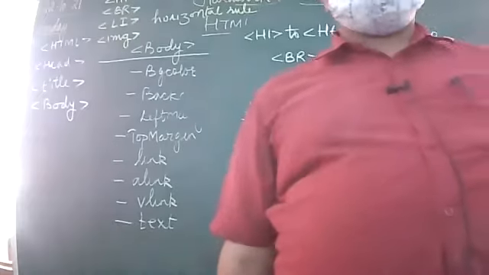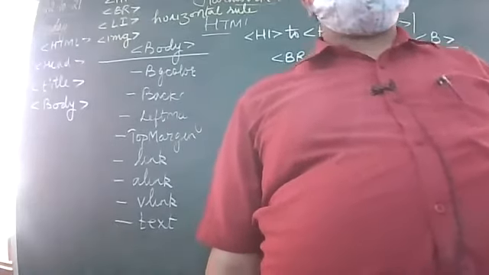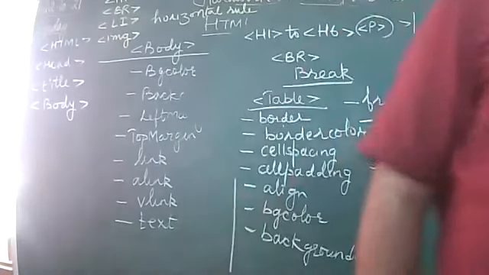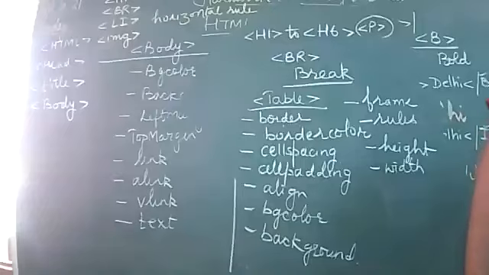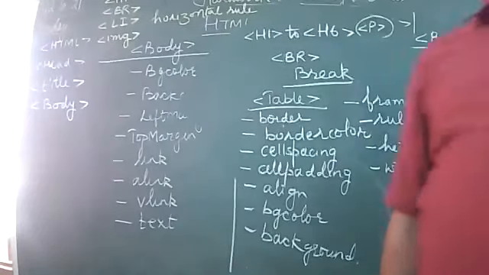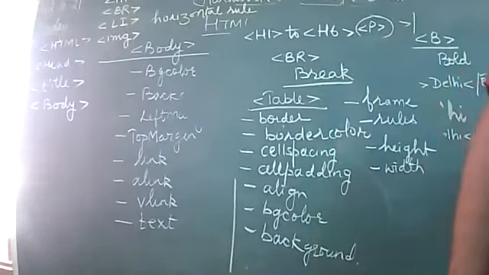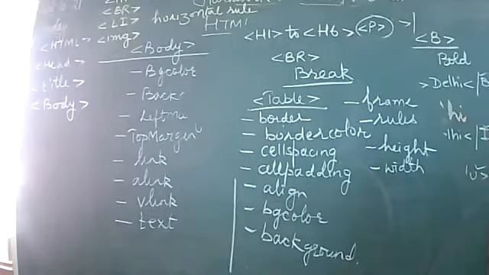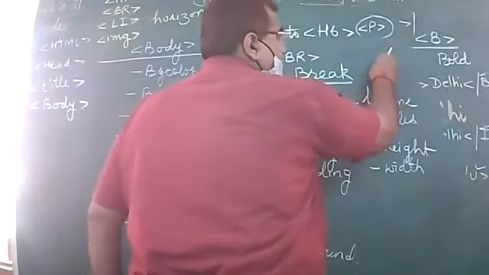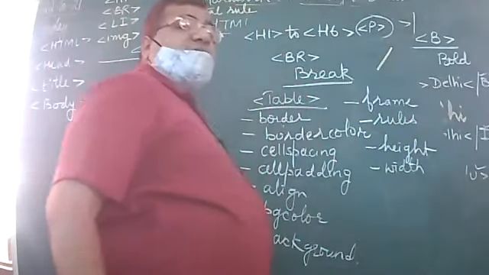Very good. BG color. Very nice response. This question is for this girl. The closing tag must contain a dash symbol, forward slash, and draw the symbol like this. Forward slash.